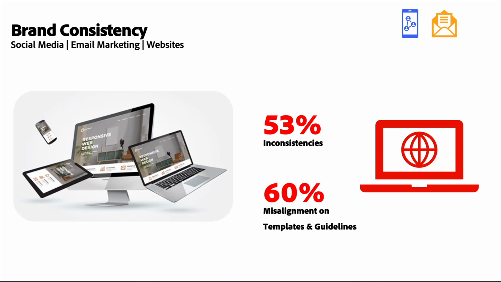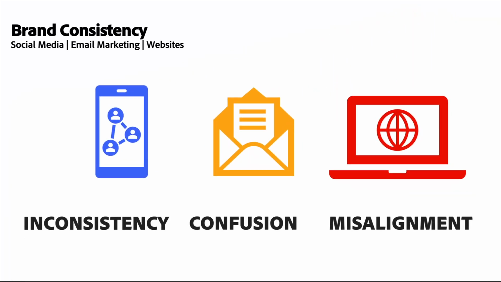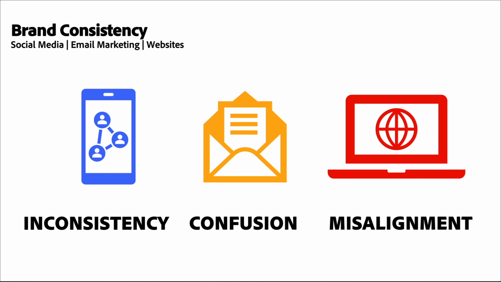And 60% of organizations reported inconsistent internal communication styles due to a lack of unified templates or guidelines. Now, all of these reports and stats have a few things in common: inconsistency, confusion, and misalignment. And all of these combined can dilute a brand's identity.